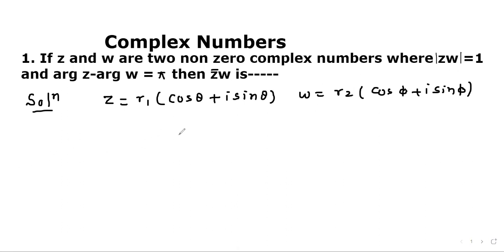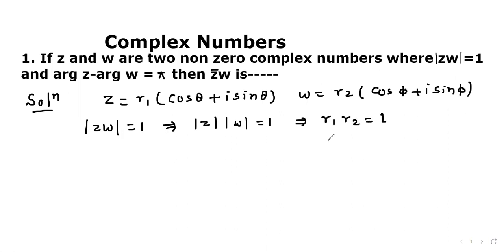Now we are given modulus ZW equal to 1, which implies modulus Z modulus W equal to 1. So here modulus Z is R1 and modulus W is R2. So it means R1 into R2 must be equal to 1.